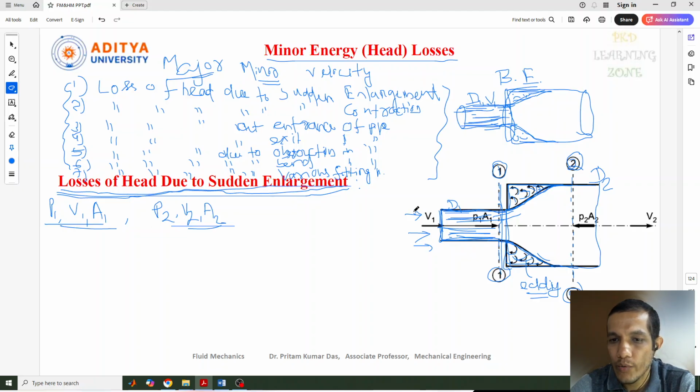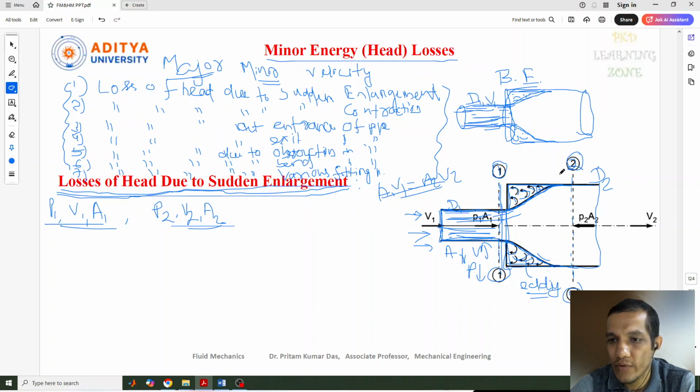Now one thing I'll tell you: we know the equation A1 V1 equals A2 V2. This is the continuity equation. As per the continuity equation, velocity and area of the pipe are related. If A is less, velocity will be more, and your pressure will be less.